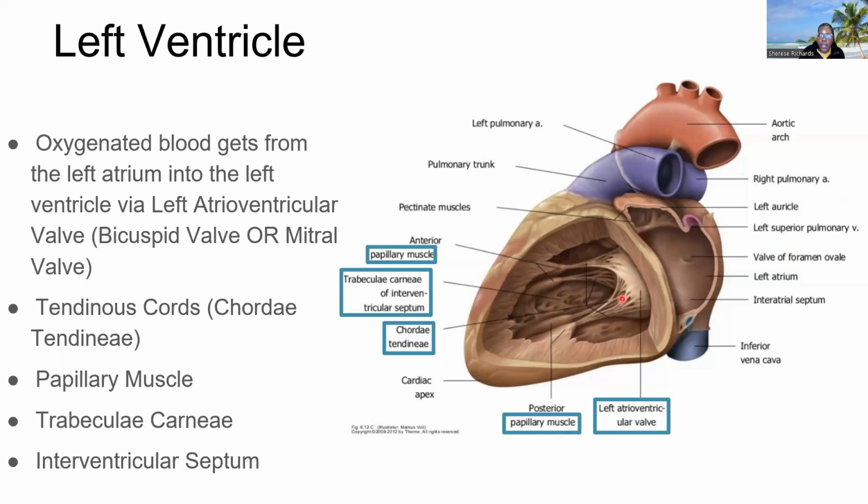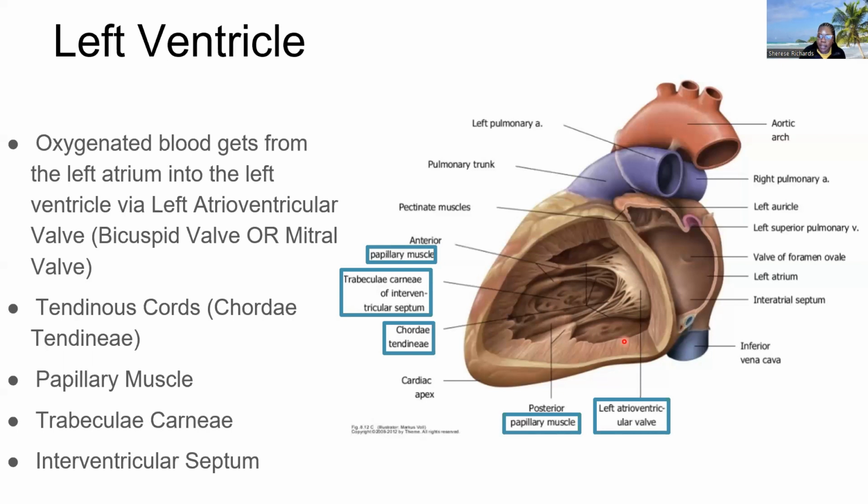The bicuspid valve. The features of the ventricle include the chorda tendineae, which are also present here. The papillary muscles are also present here. And then the trabeculae carneae, which we said was the ridged part of the wall, is also a feature of the ventricle.